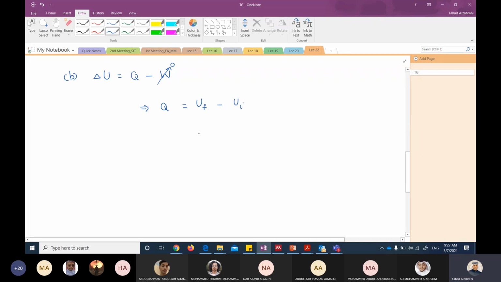Now the question, guys. Let me write it above here. So Q equals U final minus U initial. Now the question is, what is U initial and what is U final? What is the internal energy initially of the system and at the final state?